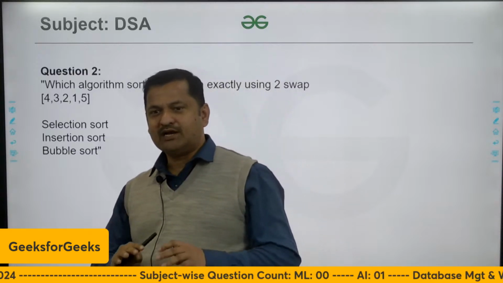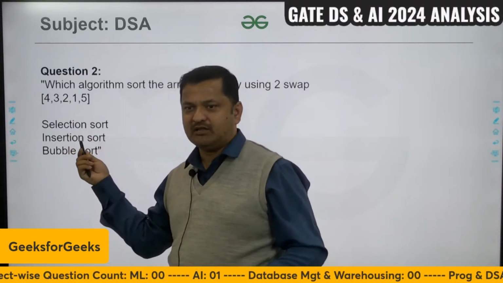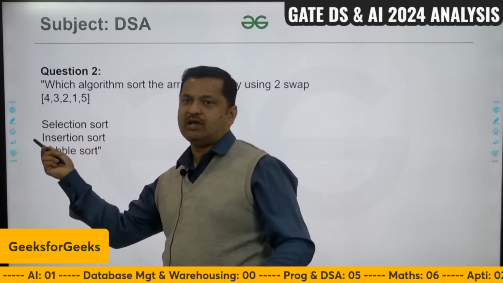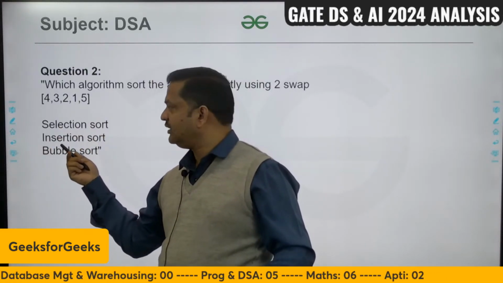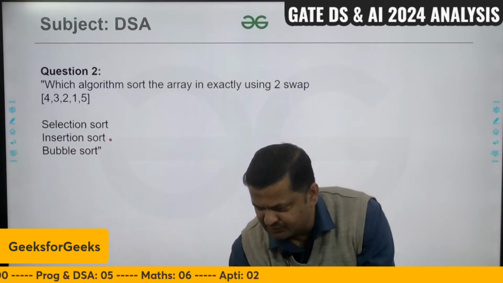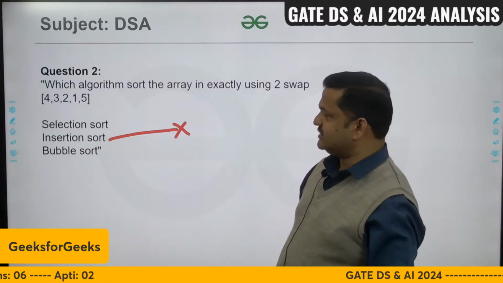Looking at whether swapping is permitted in the algorithm, insertion sort does not allow swapping. By that way insertion sort is out of this fight, so we cannot give the solution with insertion sort.